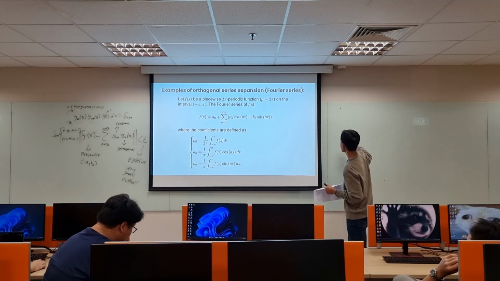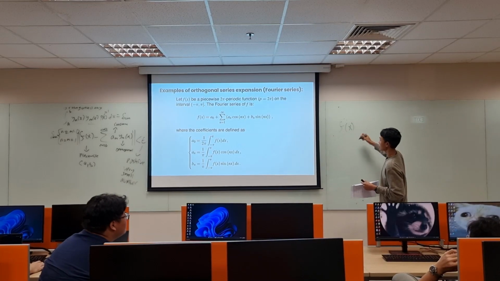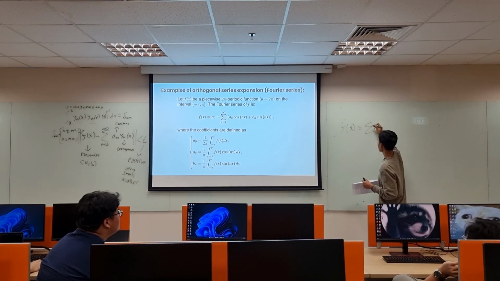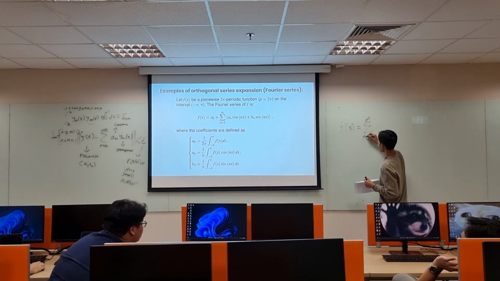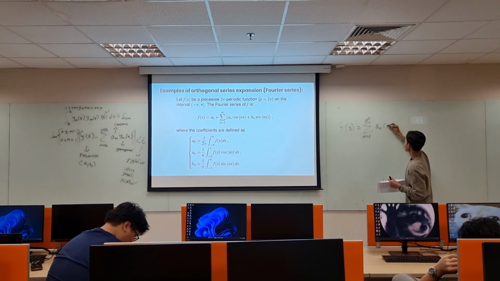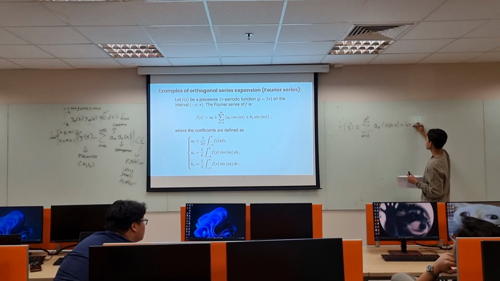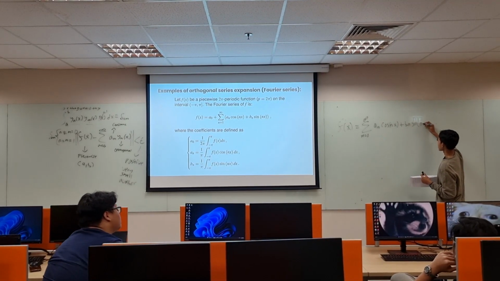We can rewrite the Fourier series as the sum from m equals 0 of a_n cos nx plus b_n sin nx.